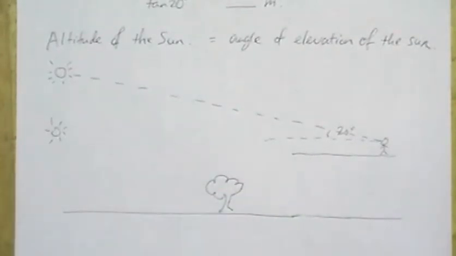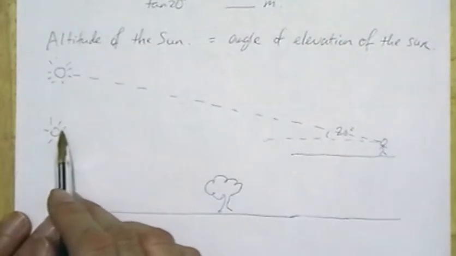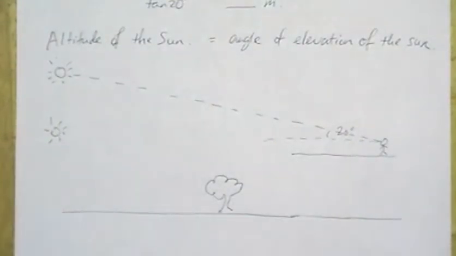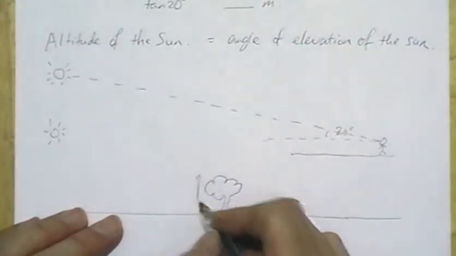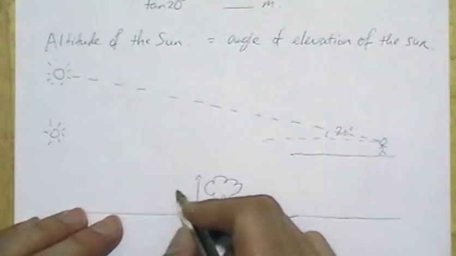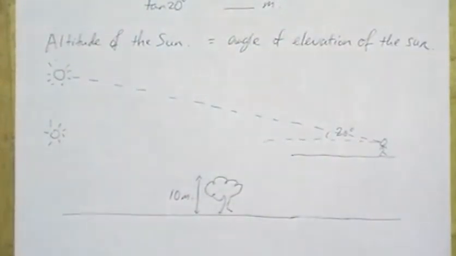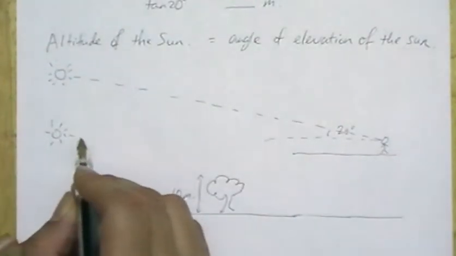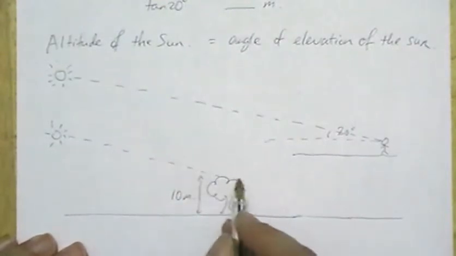So in this question, suppose that we are given that the angle of elevation of the sun is 20 degrees. And we are also given that the tree is, say, 10 meters tall. So the sun would cast a shadow of the tree on the ground.